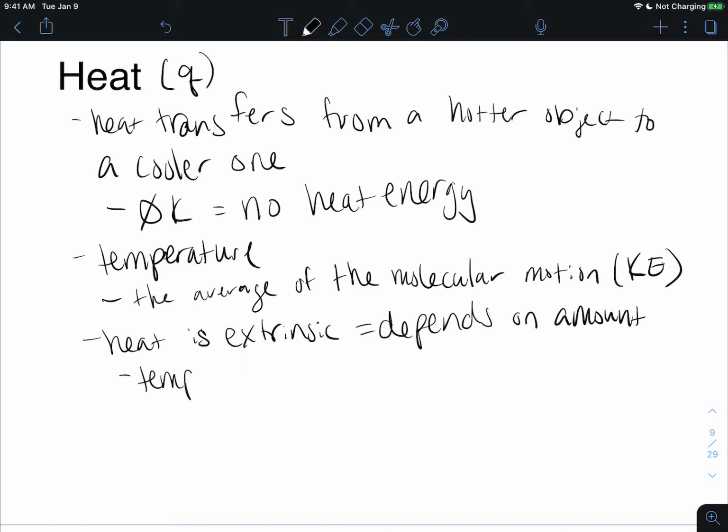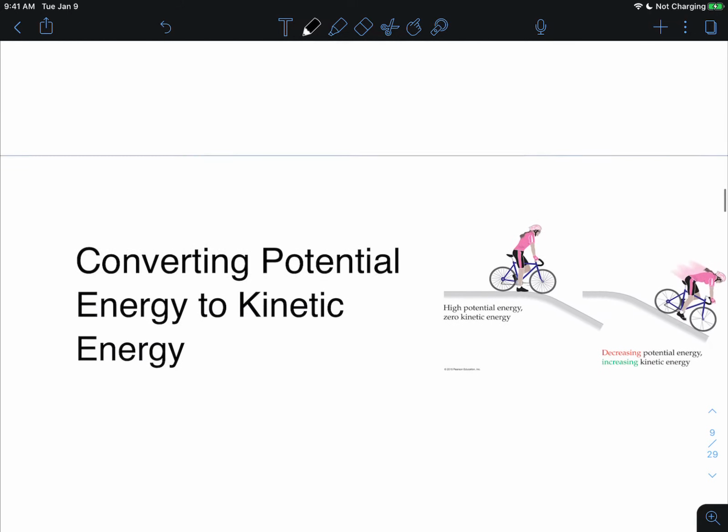Temperature is intrinsic, amount independent. Okay, so when you're thinking about heat, you have to think about how much of a substance you have when you're trying to determine how much heat it has.